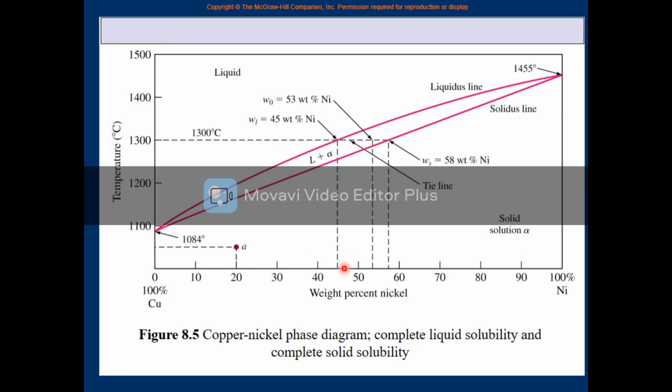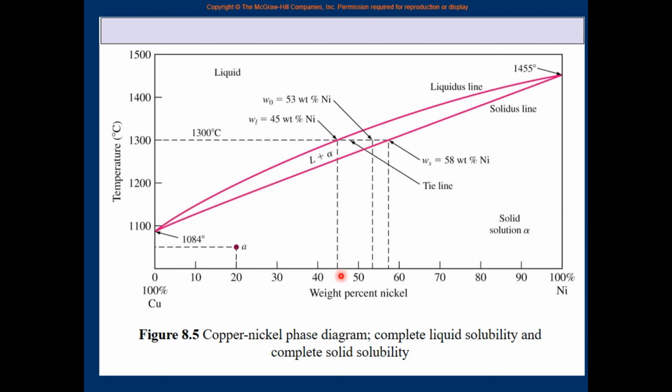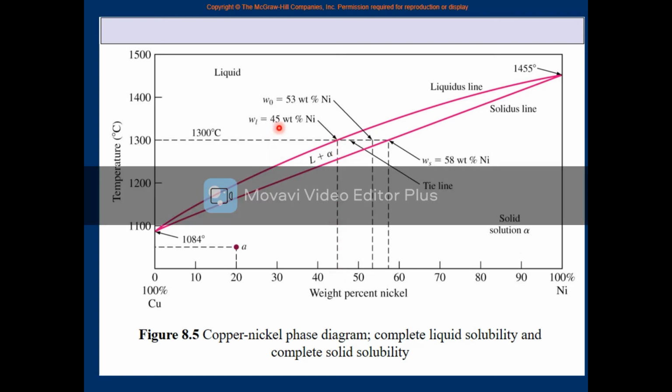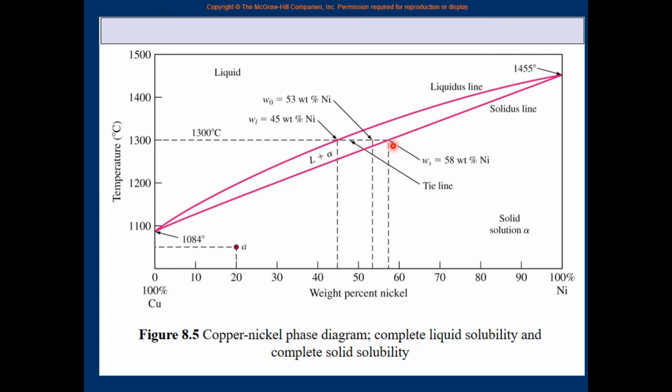So note this down, 45 weight percent nickel, right? The horizontal temperature line cuts the liquidus at 45 weight percent nickel. Where does it cut the solidus? At 58 weight percent nickel.